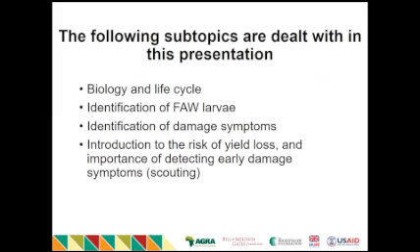First, we're going to do the biology and life cycle of fall armyworm, then identification characteristics, identification of damage symptoms, and then I want to put this all into context and say why it is important to be able to identify damage and the larva itself and know its biology, because it leads to improved risk assessment and decision making.